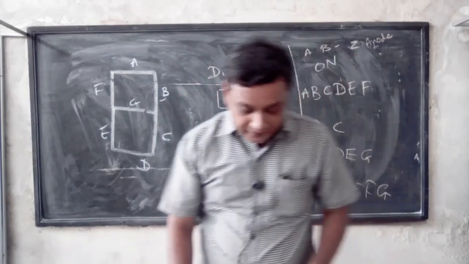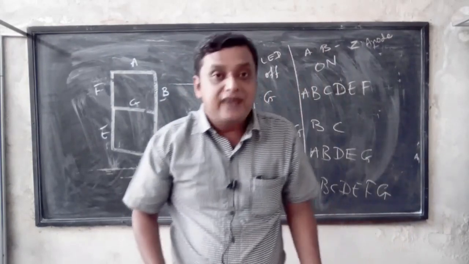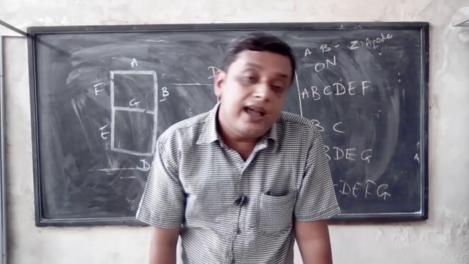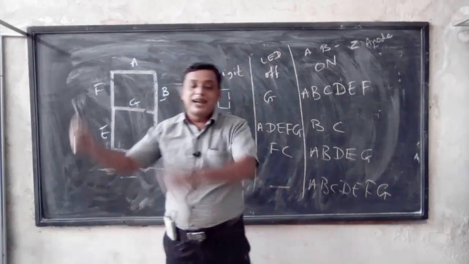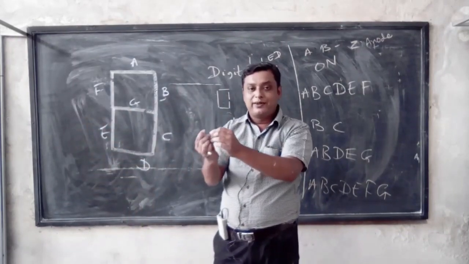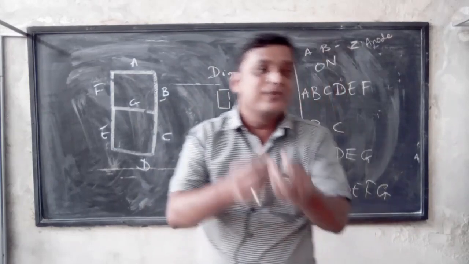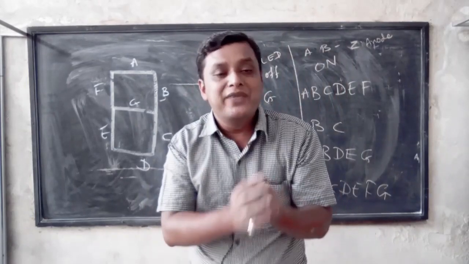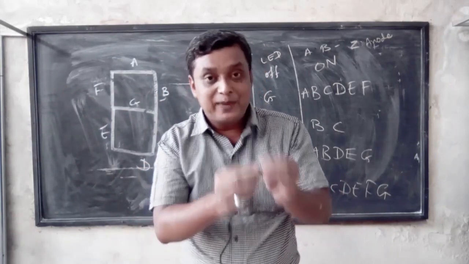So next time I will start the solar cell. In a solar cell, whenever light energy is applied to the semiconducting material, electrons from the valence band absorb the incident light energy, and the energy of the electron increases.